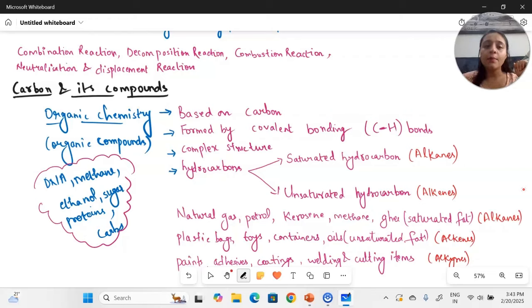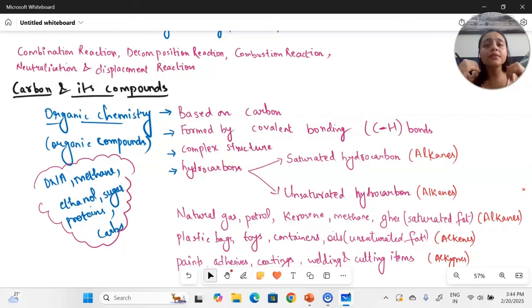These hydrocarbons are divided into two types, saturated hydrocarbons and unsaturated hydrocarbons. Saturated hydrocarbons are known as alkanes, depending upon the bond they form. If the bond is a single bond, then they are termed alkanes. And if they form double or triple bonds, then they are known as alkenes and also known as unsaturated hydrocarbons.